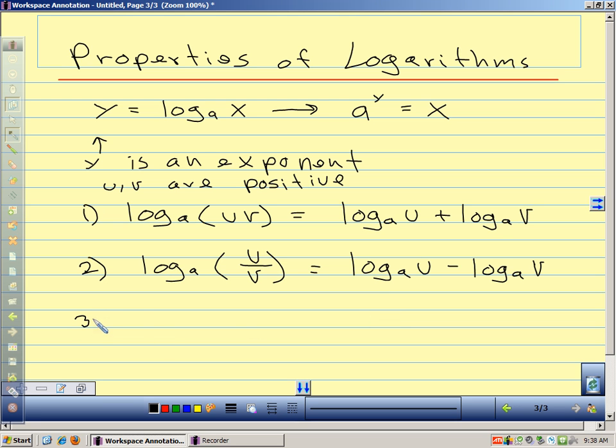Our third property. Do u and v have to be positive for that too? Yes, u and v are positive because we always have to put a positive number into our function. So log base a of u to the v power is v times the log base a of u.